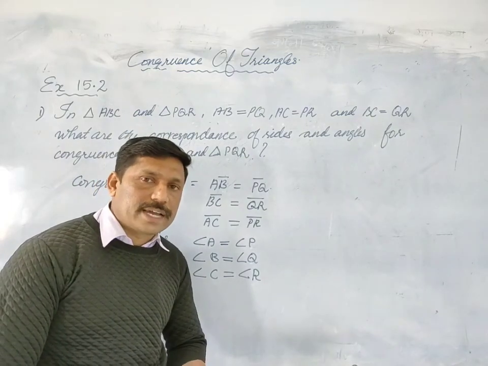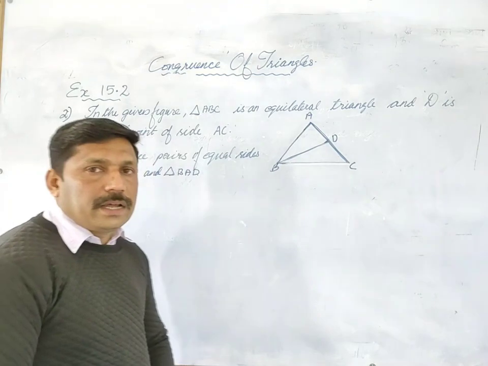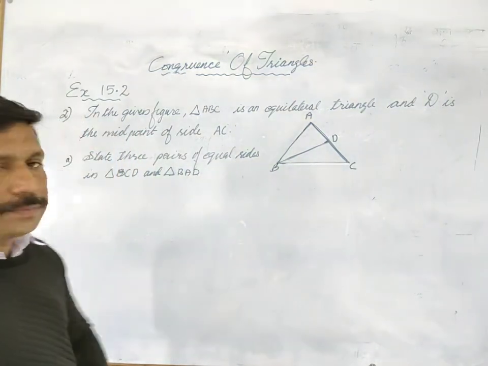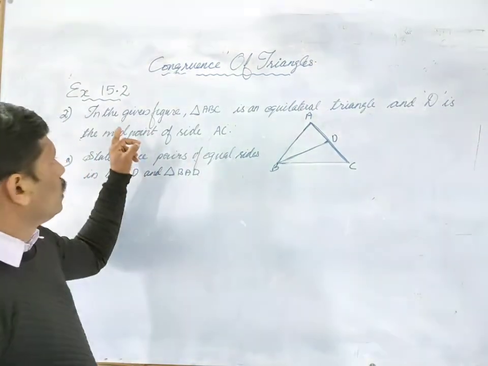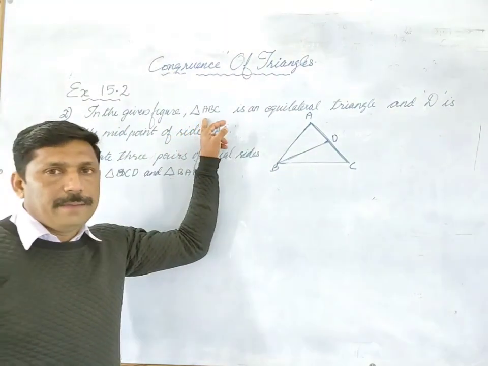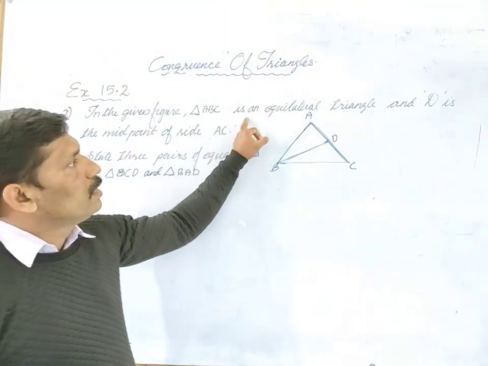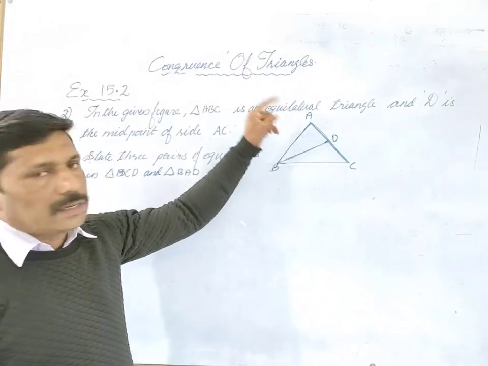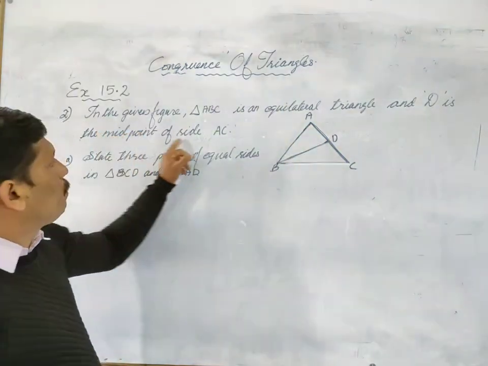Now we are going to solve the second question. Students, look at the second question. In the given figure, triangle ABC is an equilateral triangle, and D is the midpoint of AC.